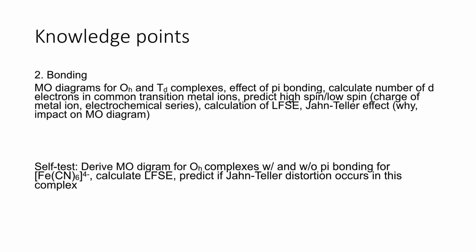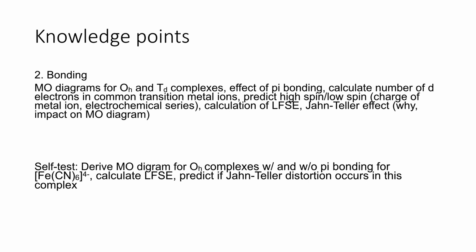On the metal, you have only d orbitals. On the ligand, you only consider sigma bonding. Once you finish that, you can introduce s and p orbitals on the metal, and then introduce pi orbitals on the ligand, and derive the MO diagram again, and identify what happens to the splitting between the d orbitals.